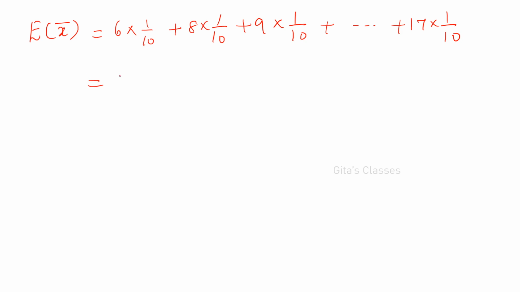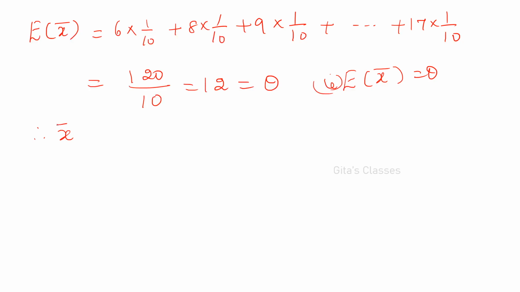If you find these values, you will get 120 divided by 10, which is 12, our population mean. We have just shown that the population mean is theta. Therefore, E of x bar is equal to theta. Therefore, x bar is an unbiased estimate of theta.